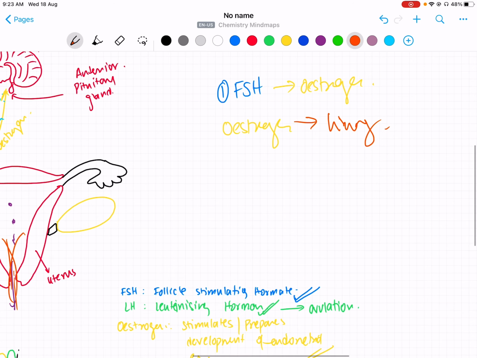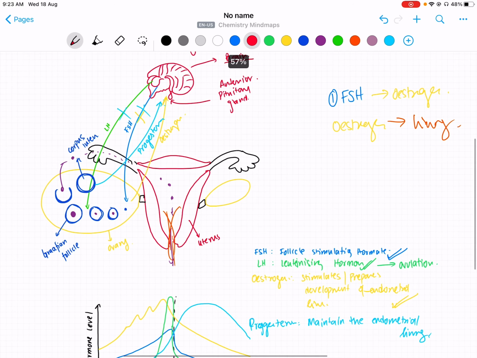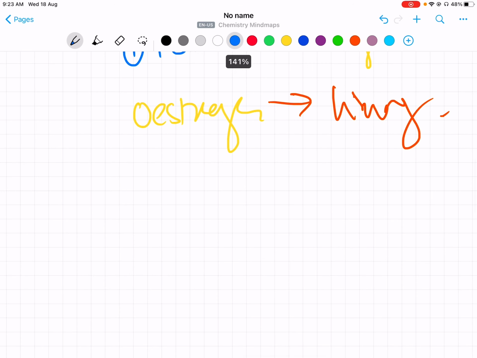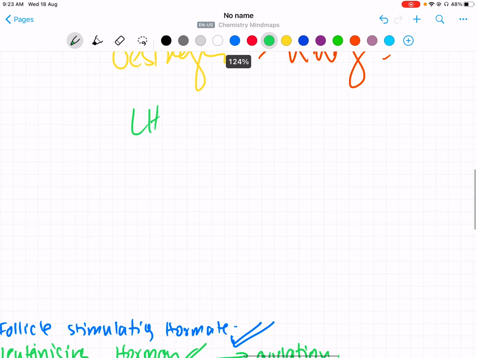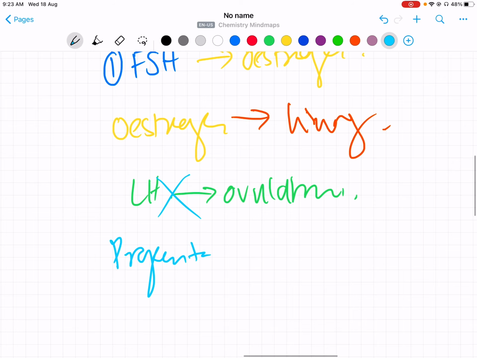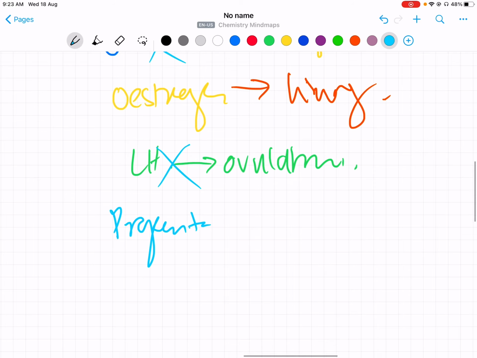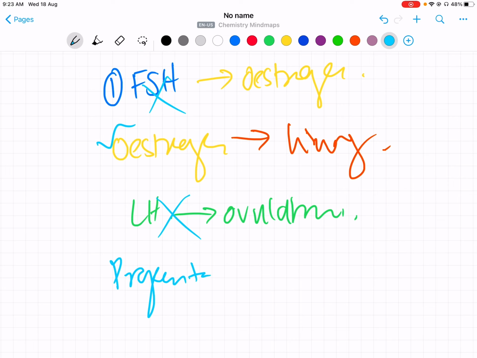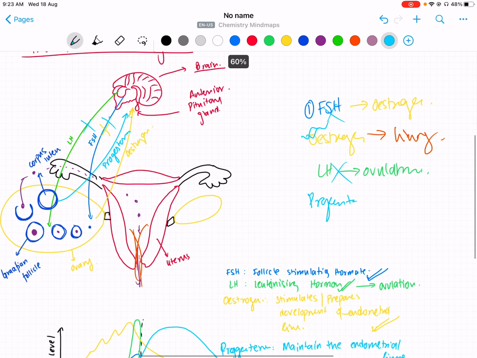Then luteinizing hormone is released, and it causes ovulation. Once that was all done, we had progesterone being released. Progesterone cancels luteinizing hormone, cancels FSH, and kind of reduces estrogen, but not completely, because estrogen is also produced by the corpus luteum.